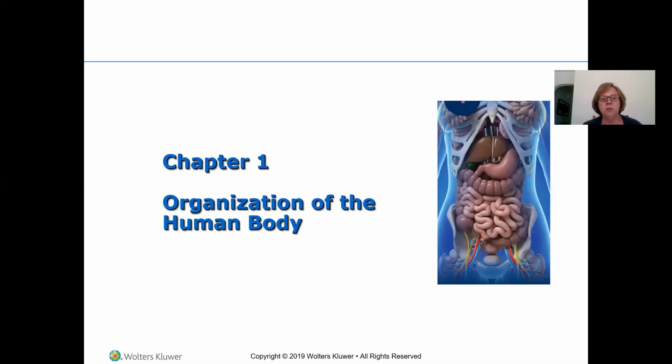So what this first chapter does is just kind of breaks down how all of the body is defined and also how it is organized according to planes. So let's get started here.